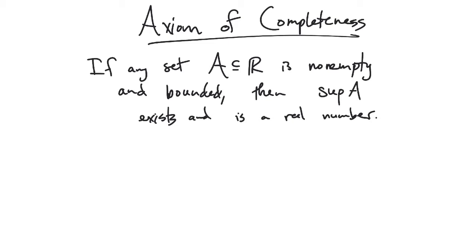It just says that every bounded non-empty set has a sup, and the sup exists, and it is a real number. It's actually a number, right? It's written like a theorem because it's telling you something that is true about the real numbers. But actually, this is called an axiom, and typically you would not try to prove this about the real numbers. This instead should be considered as part of the definition of what the real numbers are.